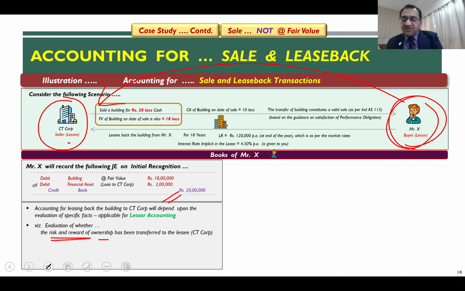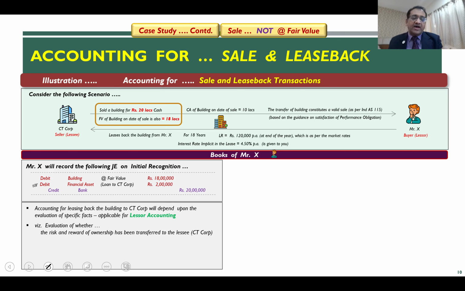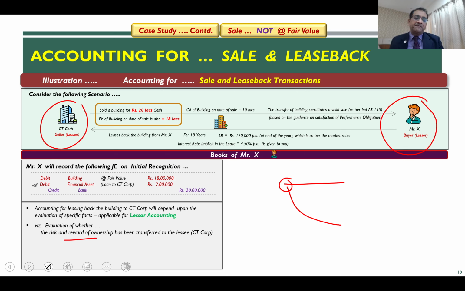Now, under Ind AS 116 or IFRS 16, there are primary indicators and secondary indicators for evaluating whether the risk and reward have been transferred from one party to the other, and whether it should be a finance lease or an operating lease.